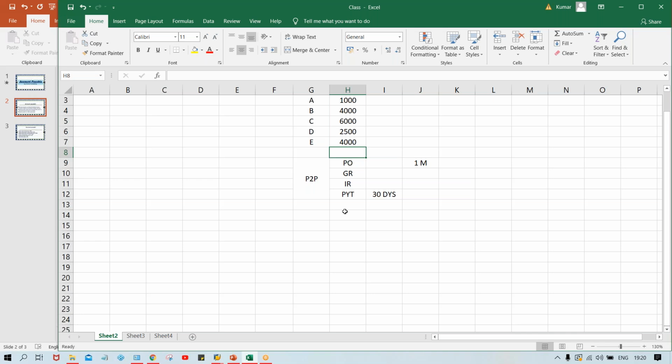Once again, I'll repeat here, because see, learning SAP doesn't mean that you have to learn the configurations blindly. No, you need to understand the concepts. If you're able to understand the concepts, then only are you going to become a consultant.